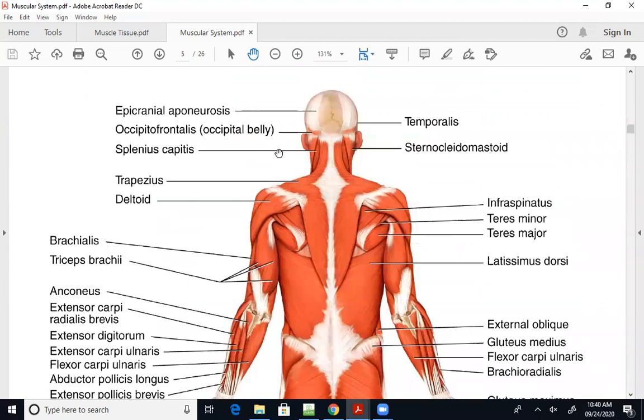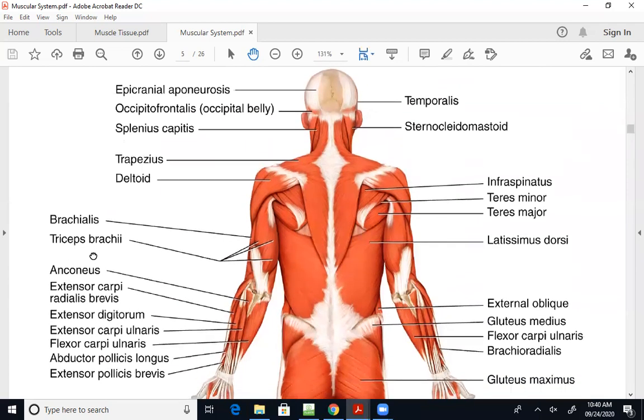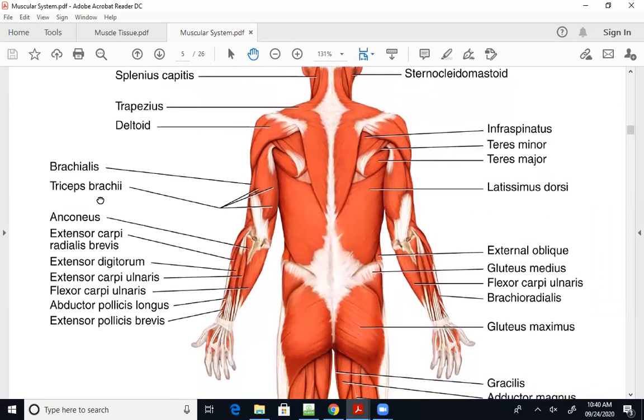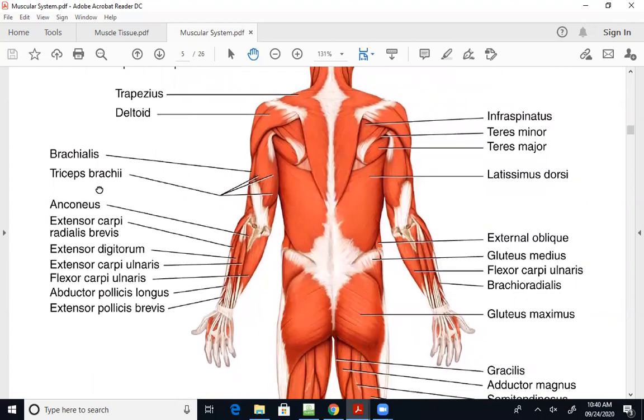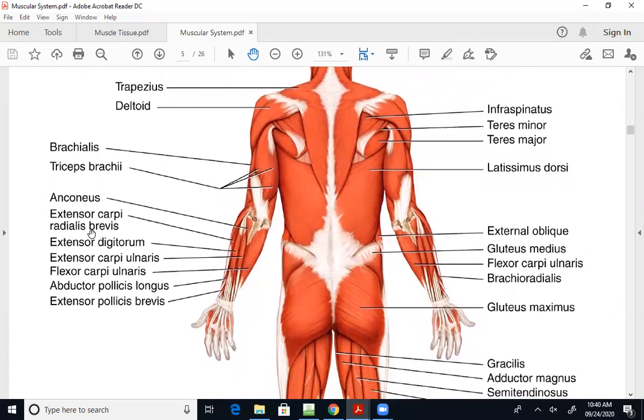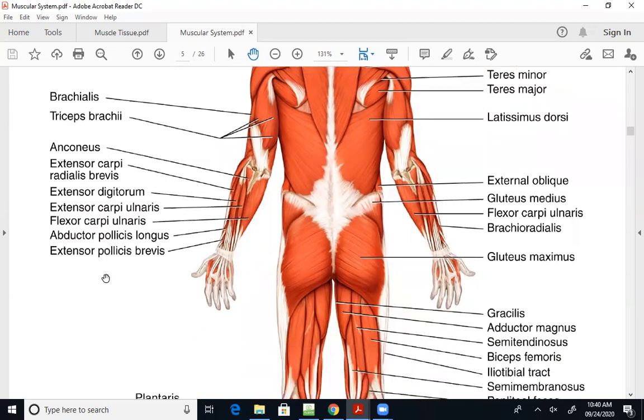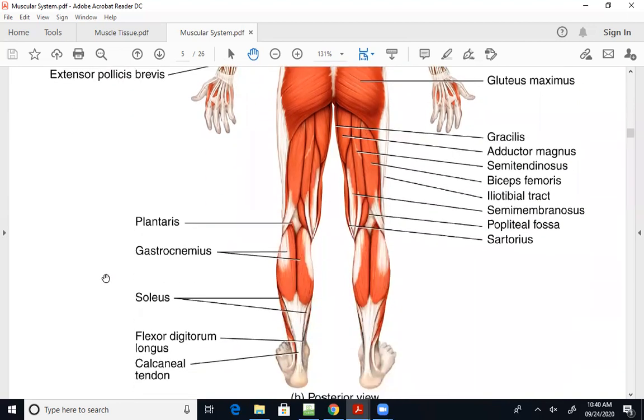Okay, moving down, let's go to the trapezius, the deltoid, brachialis, triceps brachii, let's see, extensor carpi ulnaris, flexor carpi ulnaris, gastrocnemius.